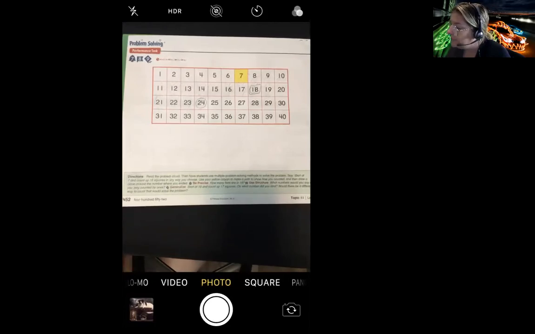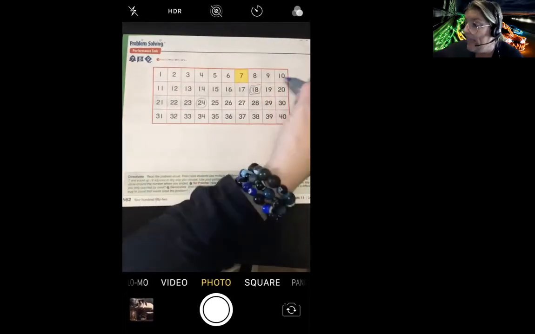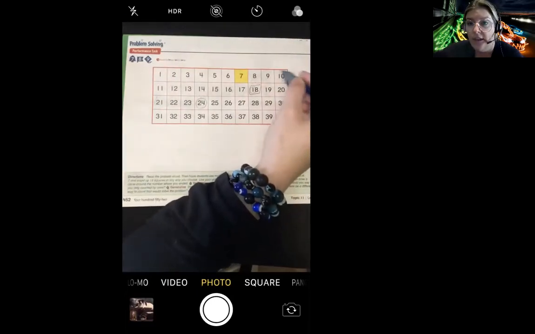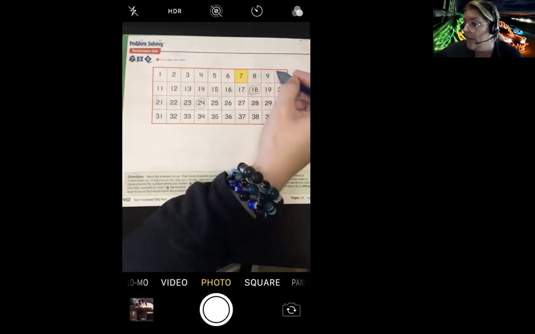Okay. Now you're going to start at 10. So you're going to take a different color crayon, and you're going to start at 10. Go ahead and color in 10 with that different color crayon.